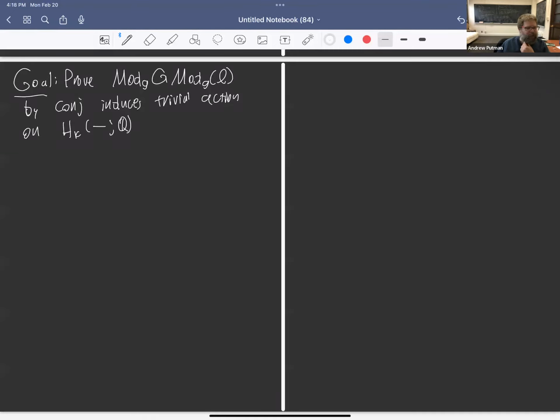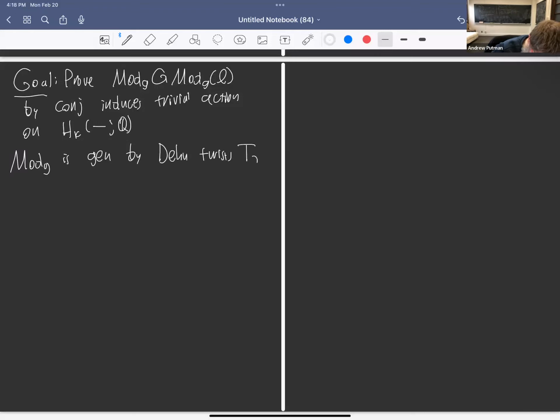That's what we want to prove. And so we're going to check this on generators. There's a basic fact about the mapping class group. We know we have a very nice set of generators for it. So the mapping class group Mod(G) is generated by what are called Dehn twists.